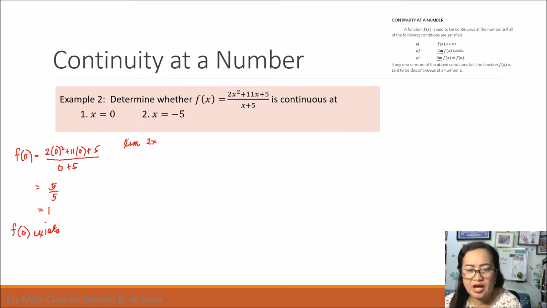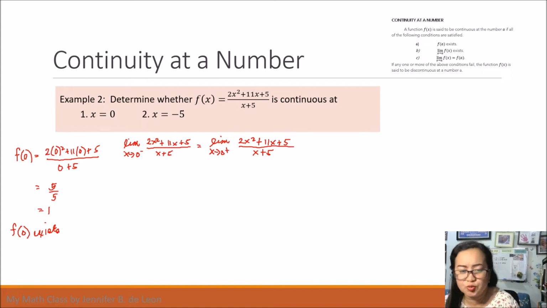So we have to get the limit of 2x squared plus 11x plus 5 all over x plus 5 as x approaches 0 from the left, equal to the limit of 2x squared plus 11x plus 5 all over x plus 5 as x approaches 0 from the right. So we need to show that these two are equal.